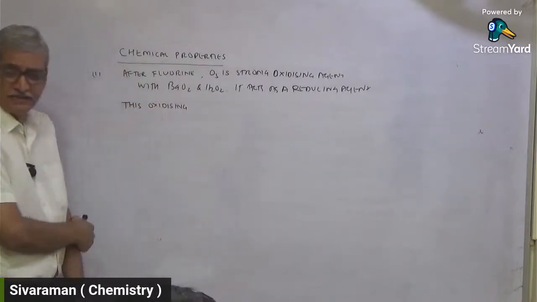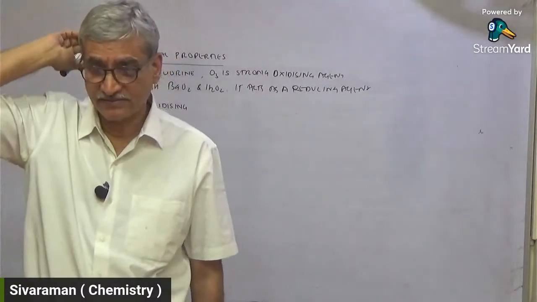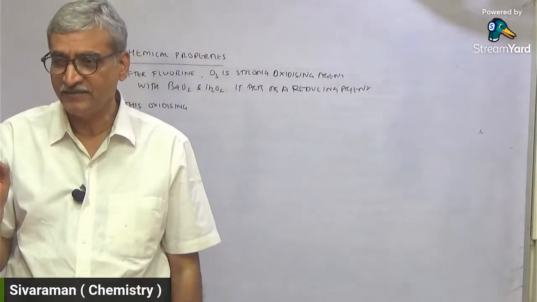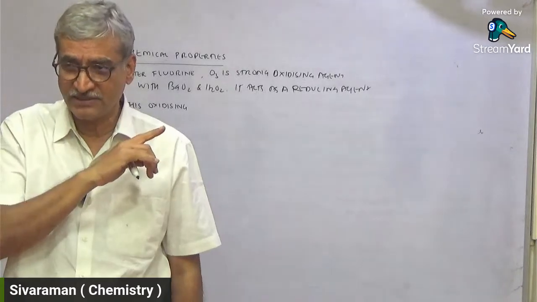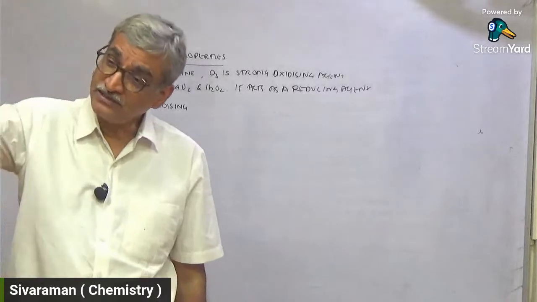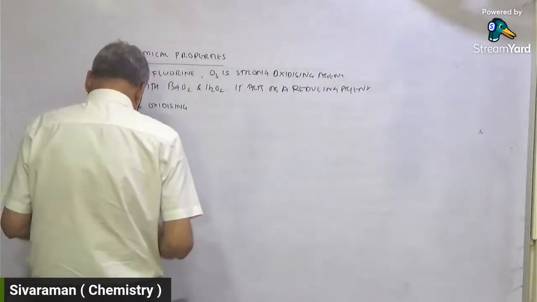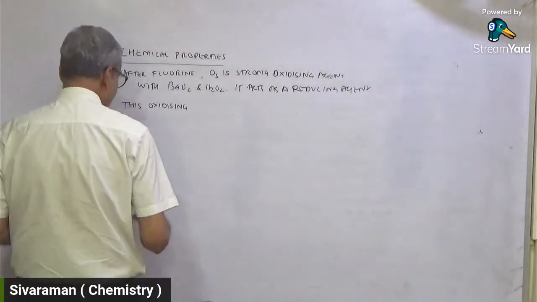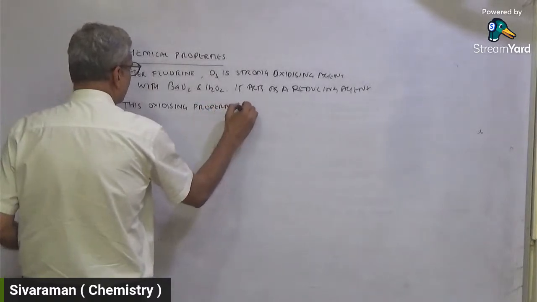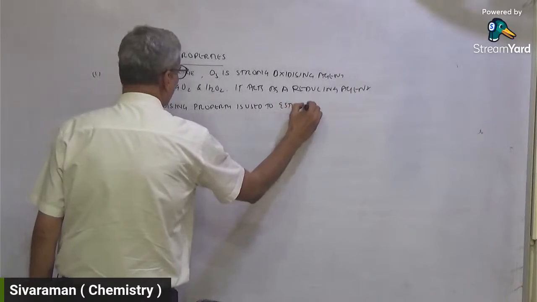I'm trying to connect a question from ozone to mole concept: how much ozone is present, how is ozone estimated? The theory part is over here and the calculation part is in mole concept, so I'm combining both and explaining over here. This oxidizing property is used to estimate ozone.